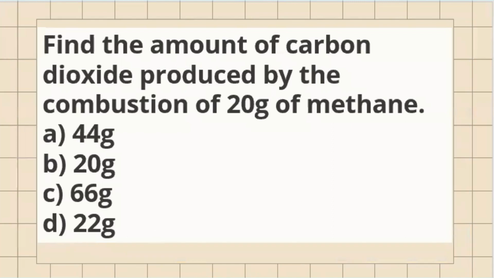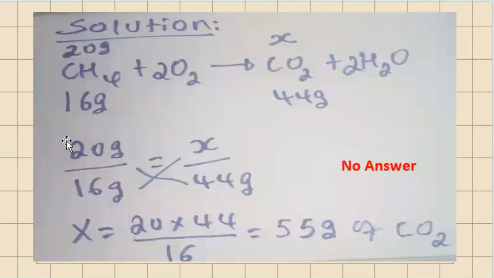Okay, the second question is find the amount of carbon dioxide produced by the combustion of 20 gram of what? Methane. Okay, hydrocarbons are burned with oxygen to produce carbon dioxide and water. Then first, write the balanced chemical equation.